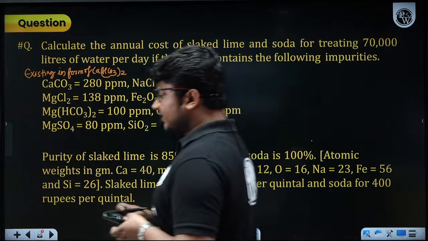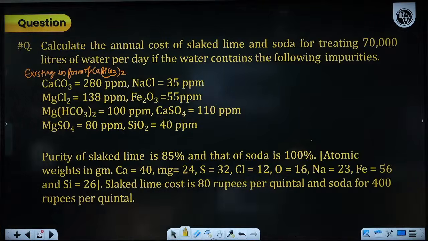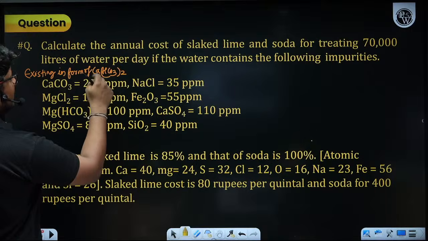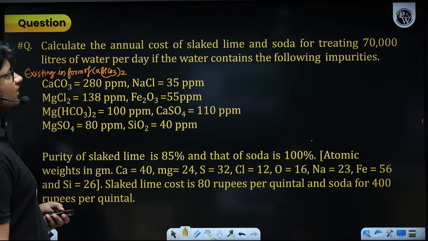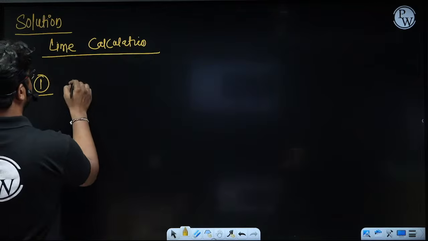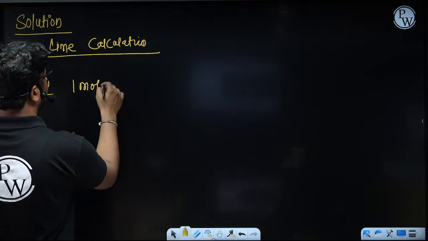If you know the reaction, 1 mole of calcium bicarbonate needs 1 mole of slag lime, which is Ca(OH)2.